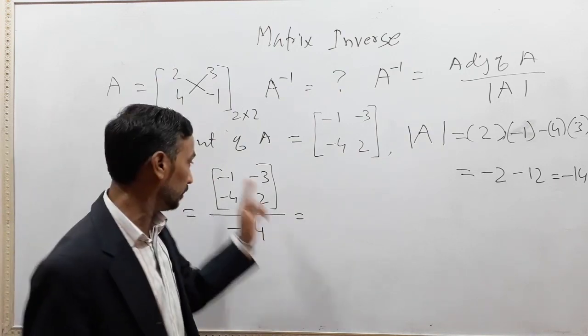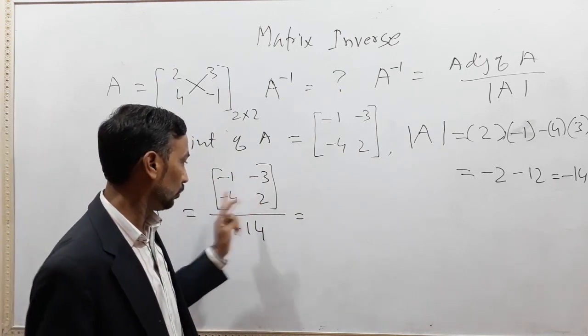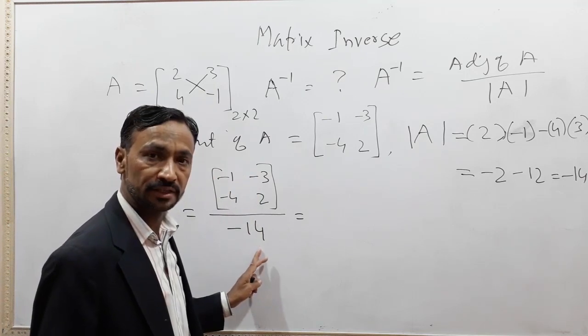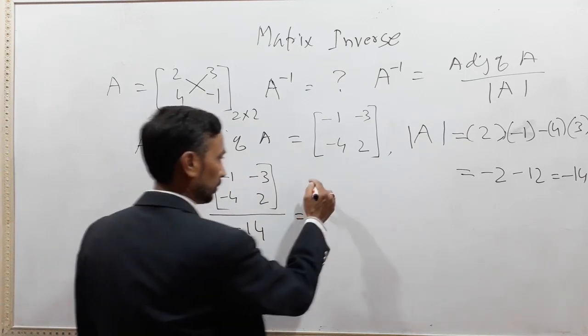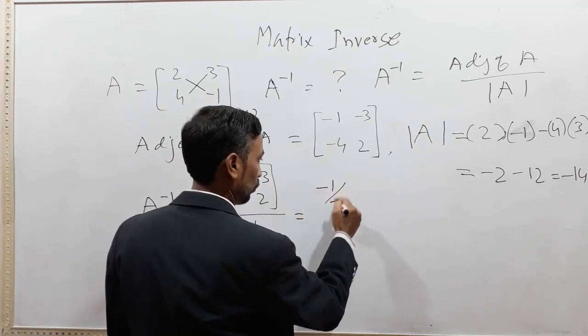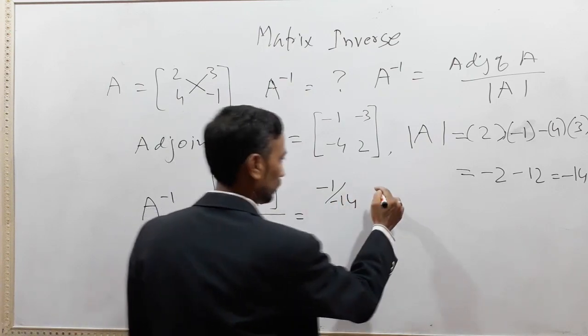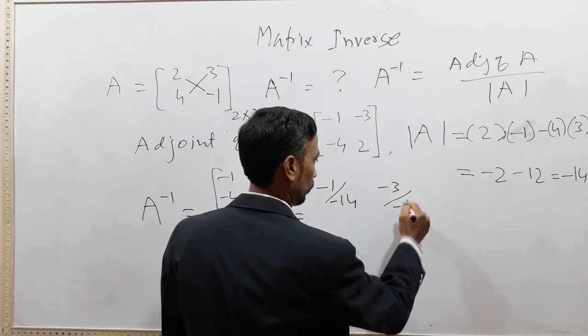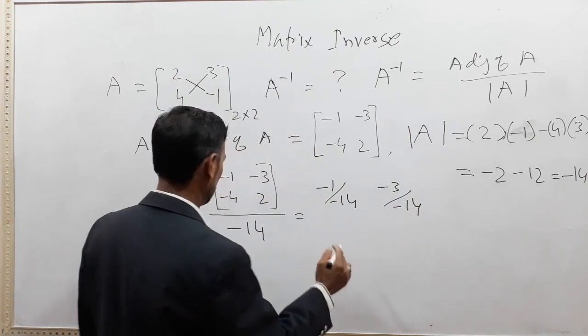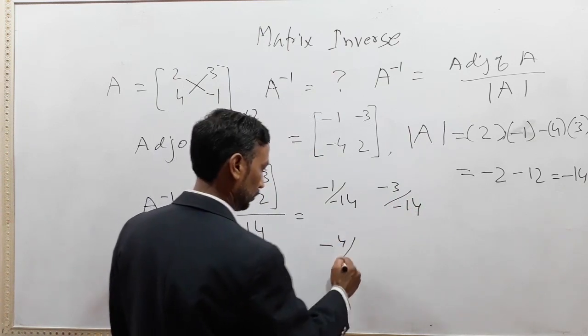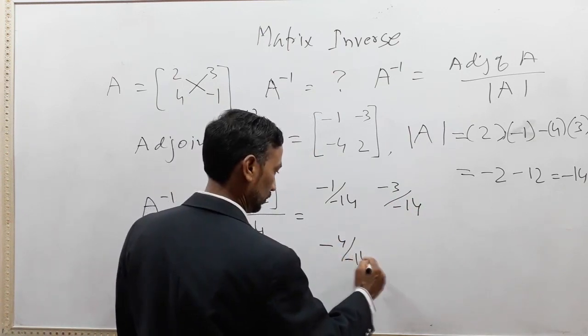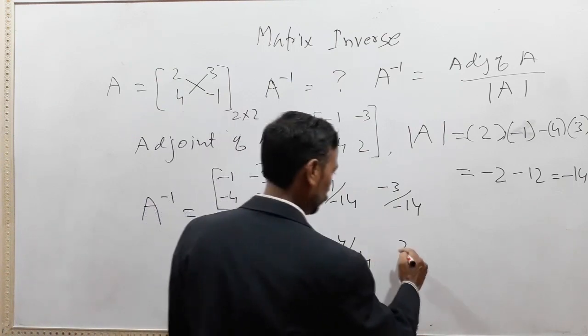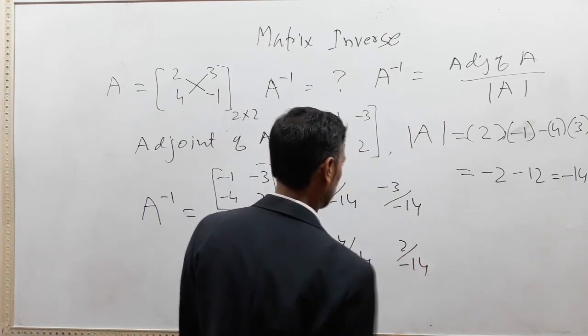Now each element present here will be divided by minus 14. So it will be minus 1 over minus 14, minus 3 over minus 14, minus 4 over minus 14, and 2 over minus 14.